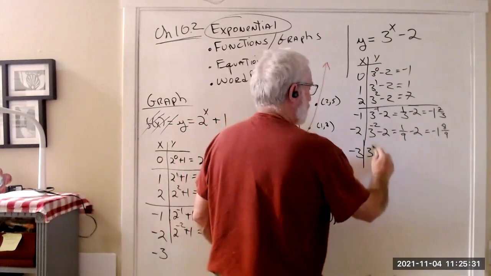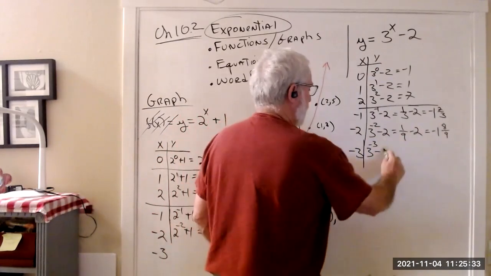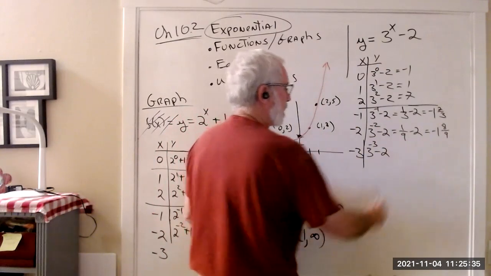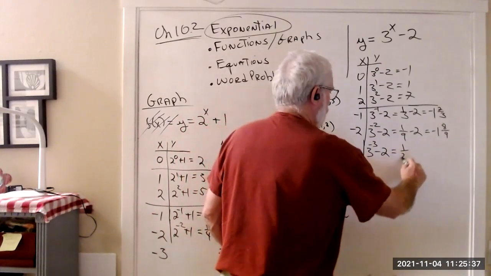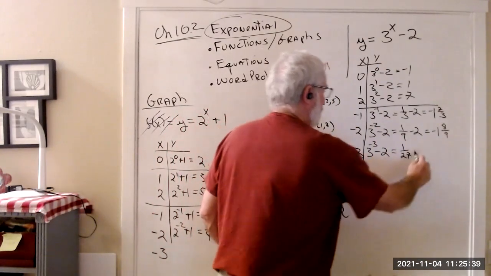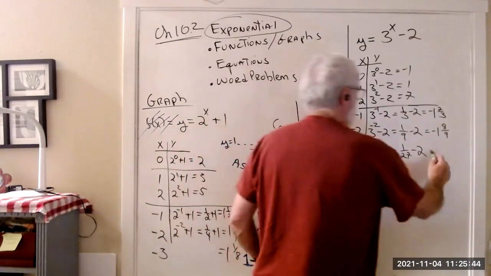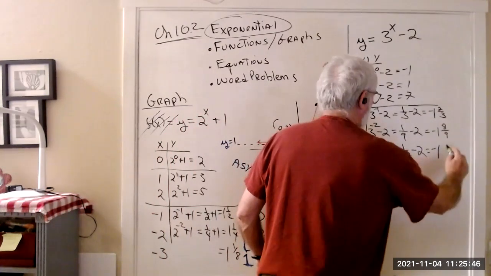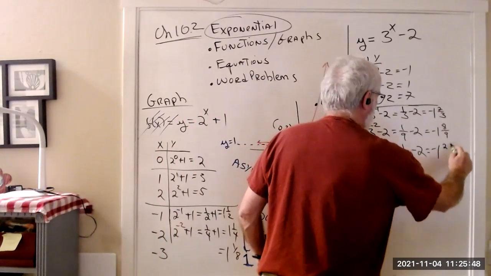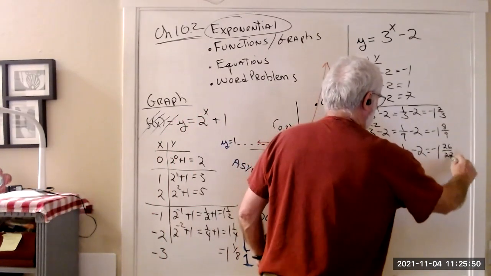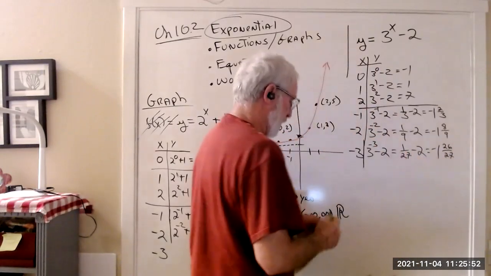This is 3 to the negative 3 minus 2. This is 1/27 minus 2. Excuse me, my voice is going. So this is negative 1 26/27, whatever in the world that is.